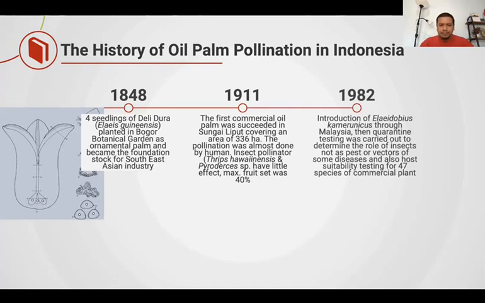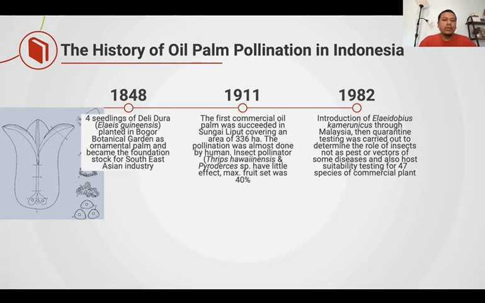until finally in 1982, the introduction of Elaeidobius kamerunicus was carried out after seeing the success in Malaysia, which had introduced this weevil 1 or 2 years earlier. Then at the Indonesian Oil Palm Research Institute, or IOPRI, in Marihat, these insects were quarantined to ensure their role is only as pollinator and not as pests or disease factors.